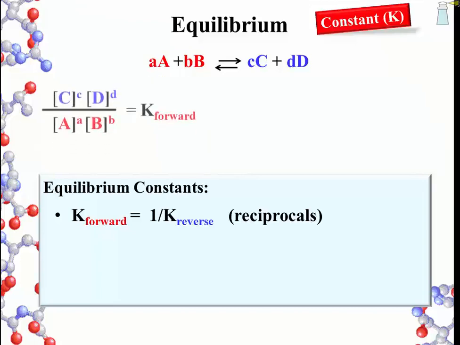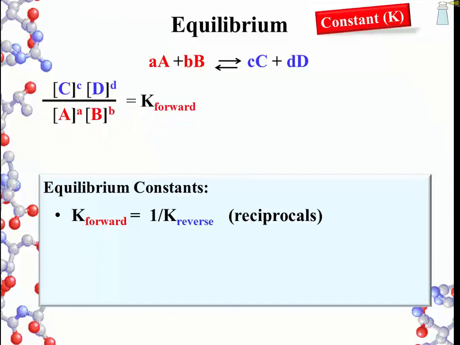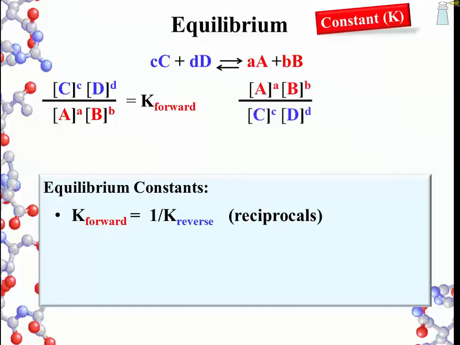Moving this relationship to the side, we will now look at the reaction as if it was written in the reverse direction. C and D are now reactants, and A and B are products. This is an absolutely valid way to write a reversible reaction. The equilibrium expression for the reverse reaction has the new products, A and B, in the numerator, and the new reactants, C and D, in the denominator.